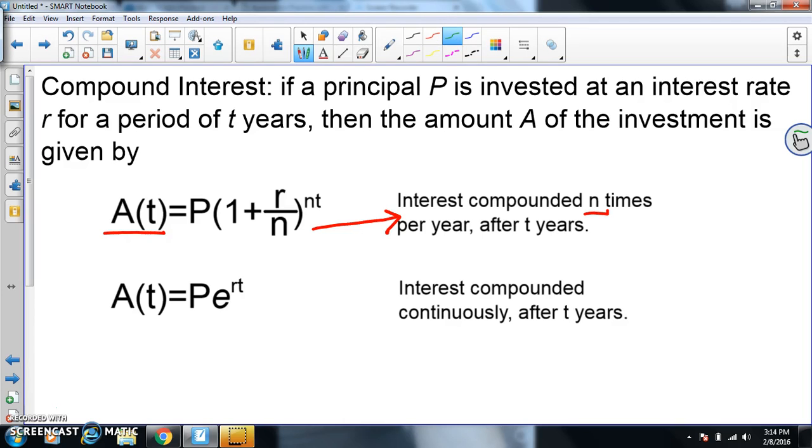And we have the amount of our investment is equal to our principal times e to the power of RT. And this is if our interest is compounded continuously after T years.